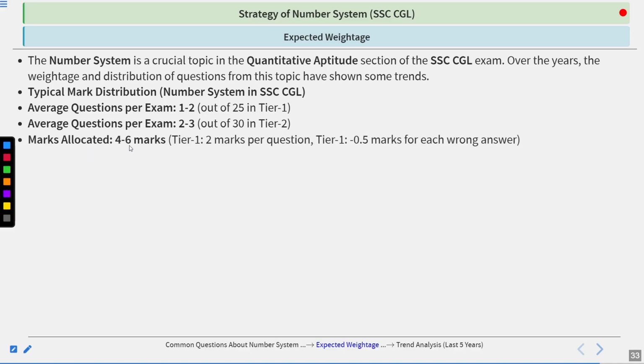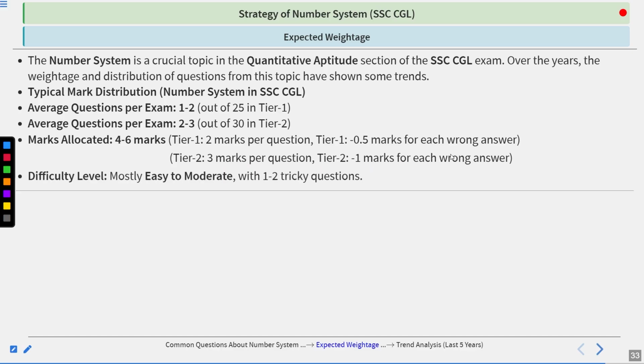Mark allocation is 4 to 6 marks in Tier 1, 2 marks per question, and 0.5 marks deducted for each wrong answer. In Tier 2 we get 3 marks per question and minus 1 mark for each wrong answer. Difficulty level is mostly easy to moderate with 1 to 2 tricky questions.